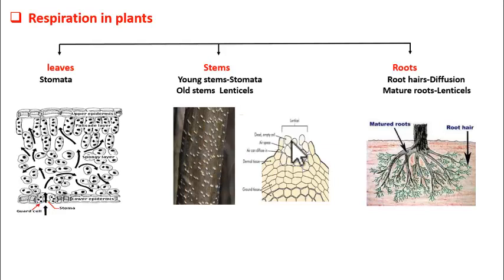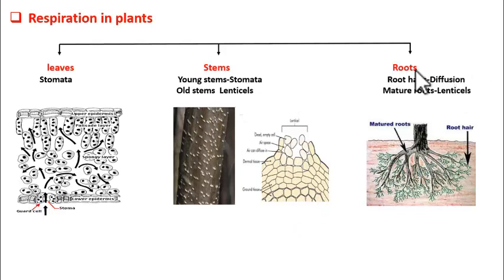They contain a pore. See here, this is the lenticel projection. This lenticel contains loosely arranged tissue. This is the loose tissue and this is the pore. Through this pore, air enters, and through these loosely arranged cells it diffuses and goes to every cell of the stem. So this is how respiration takes place in old stems.